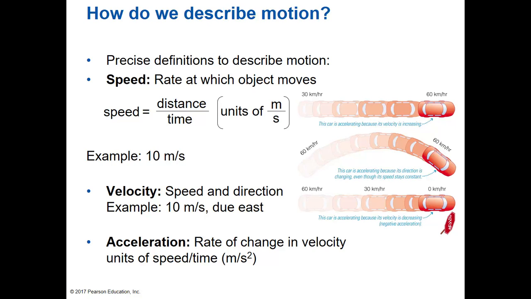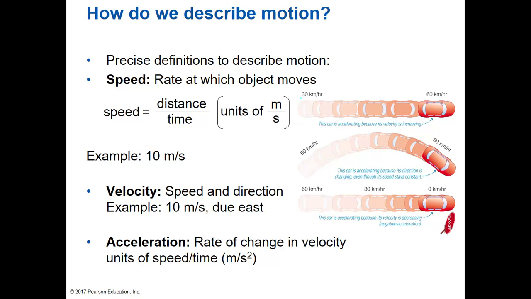Now let's talk about acceleration. What is acceleration? The term acceleration means the change in the velocity. If the velocity is changing with respect to time, that means it does have acceleration. Here, for example, the car.